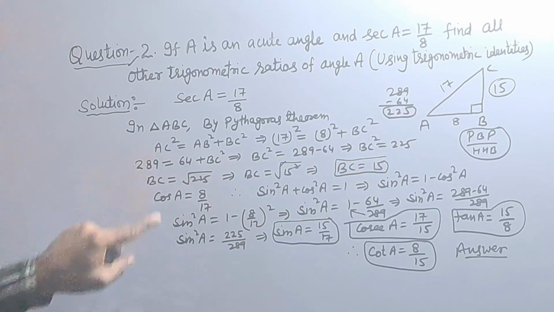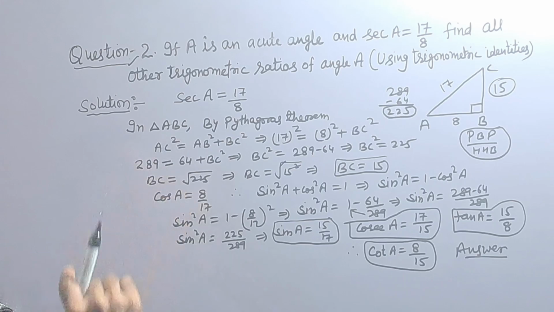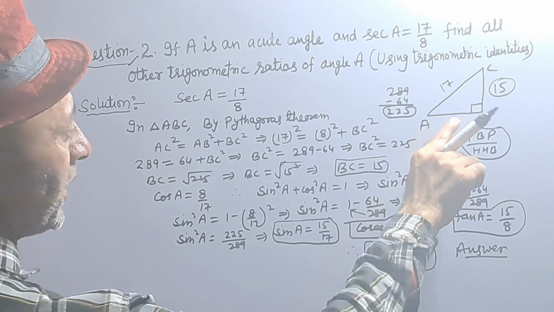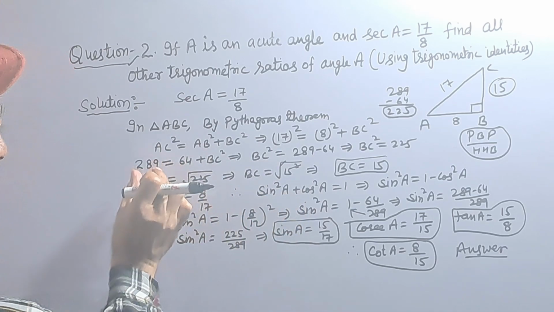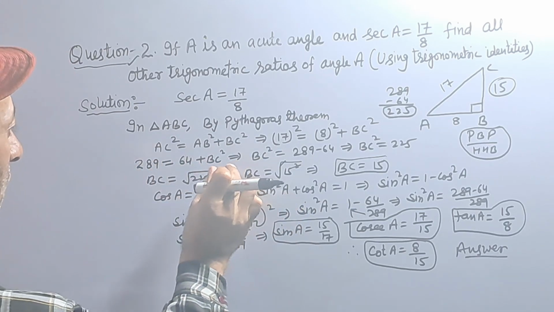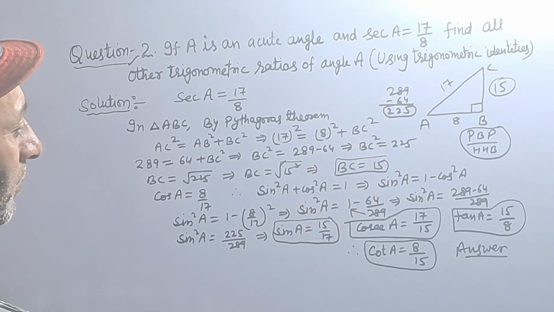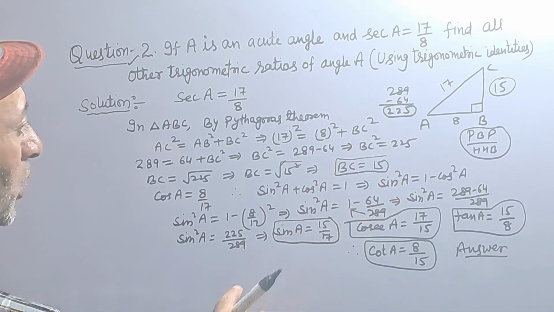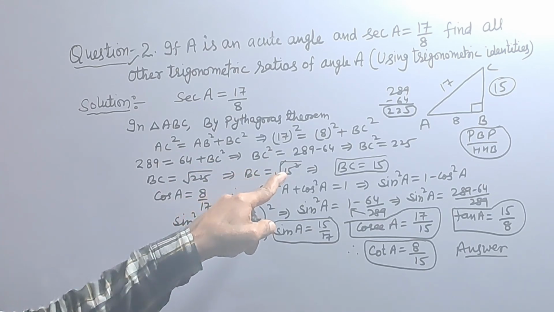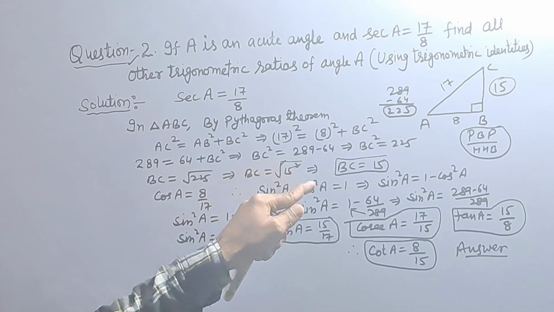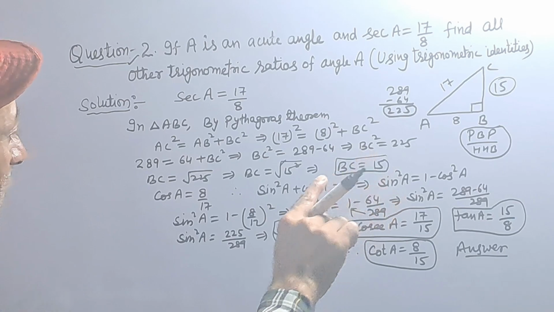AC is 17, 17 raised to power 2, 17 17s are 289, is equal to 8 square is 64 plus BC square. BC square is equal to 289 minus 64, that is equal to 225, and BC square is equal to 225. BC is equal to root 225, that is 15 square. So we get the value of BC perpendicular is equal to 15.